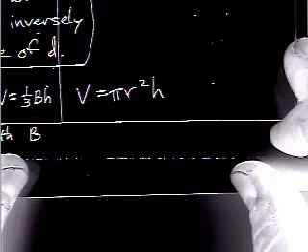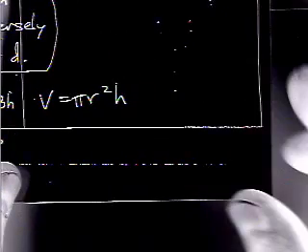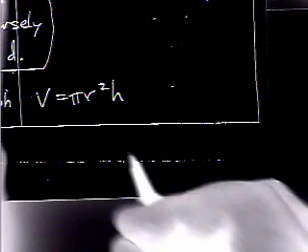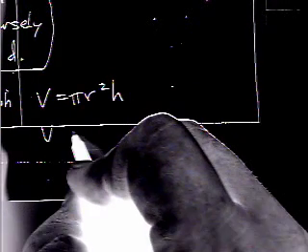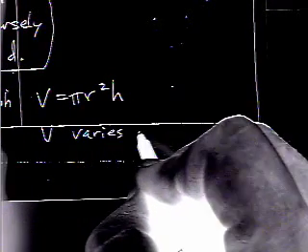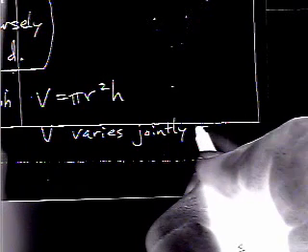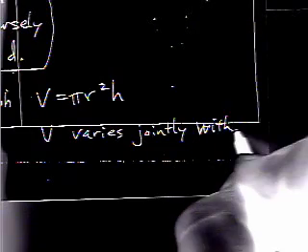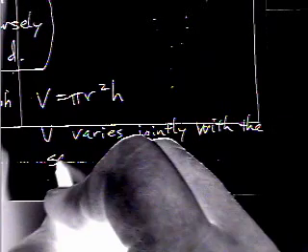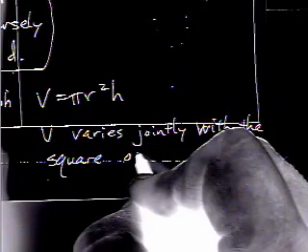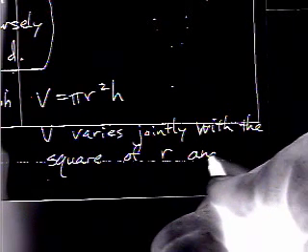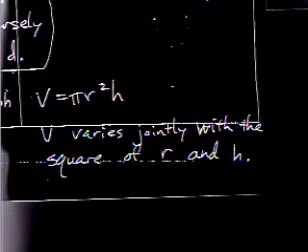Here's another situation where you'd have to write out the language of variation. Okay? V varies jointly with the square of R and H. Now you say to yourself, how come you didn't mention pi?